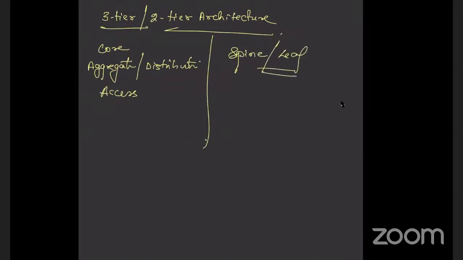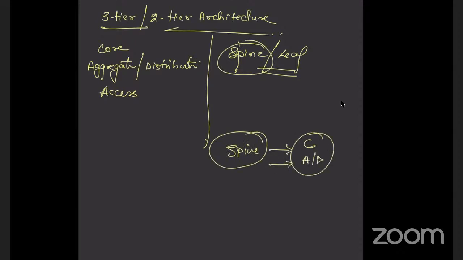The aggregation and core are on the same layer. So you will have aggregation and core on the same layer, which is going to be the spine layer. It combines your core and aggregation or distribution layer, and then your leaf layer is going to be the access layer.